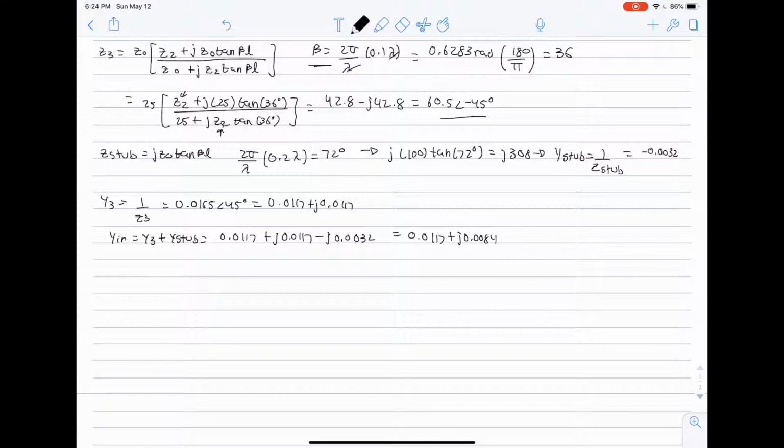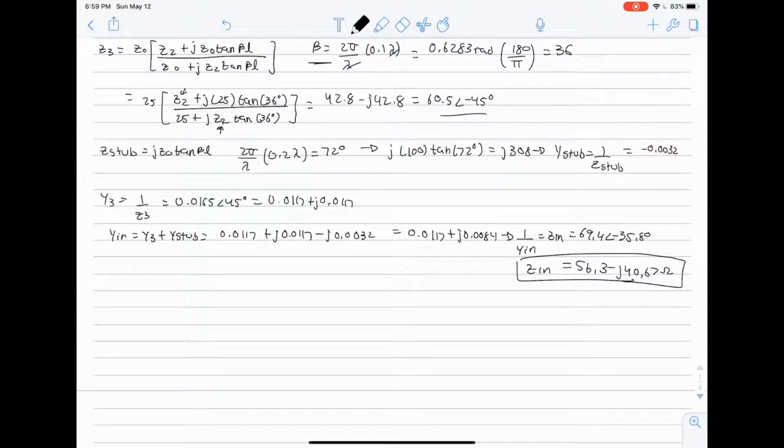Since we want the input impedance as stated in the question, it's 1 over Y in, which is Z in, which is 69.4 at negative 35.8 degrees, which is equal to 56.3 minus j40.67 ohms, and that's our Z in.